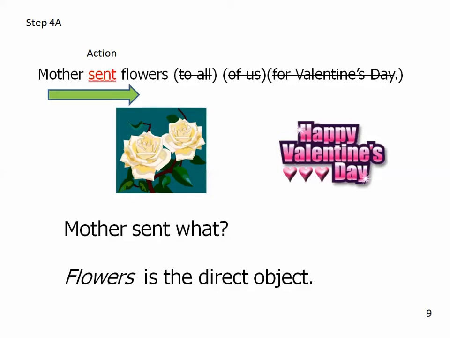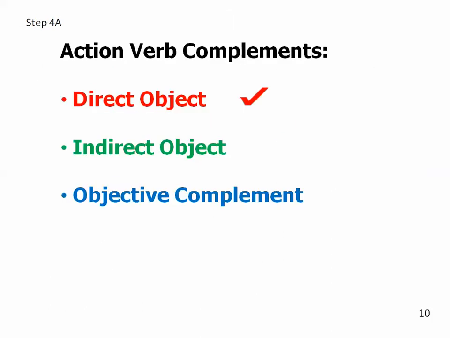You would say the subject, mother, and say the verb, sent, and then ask whom or what. Mother sent what? The answer is flowers. Flowers is the direct object. Now that was easy. It will always be easy to find the direct object if you follow the steps.